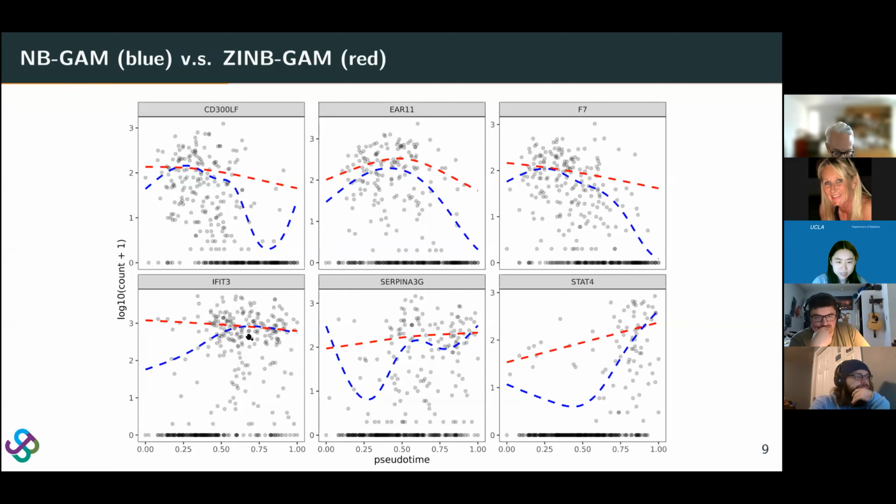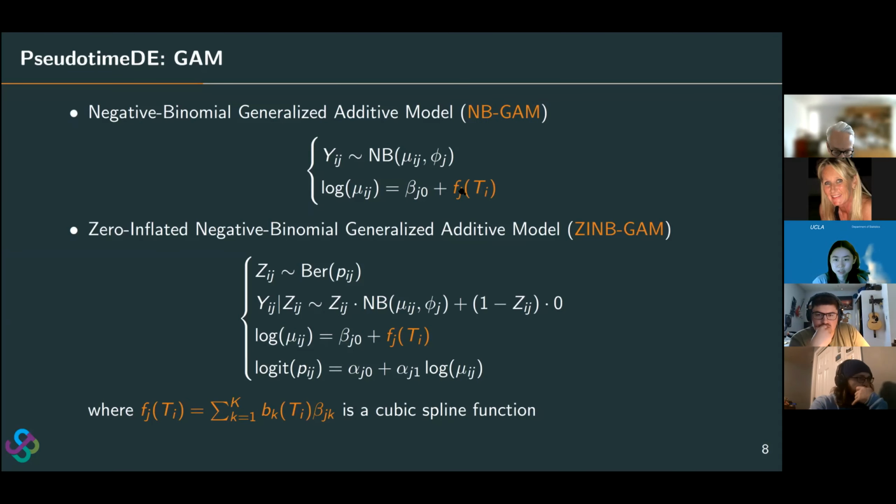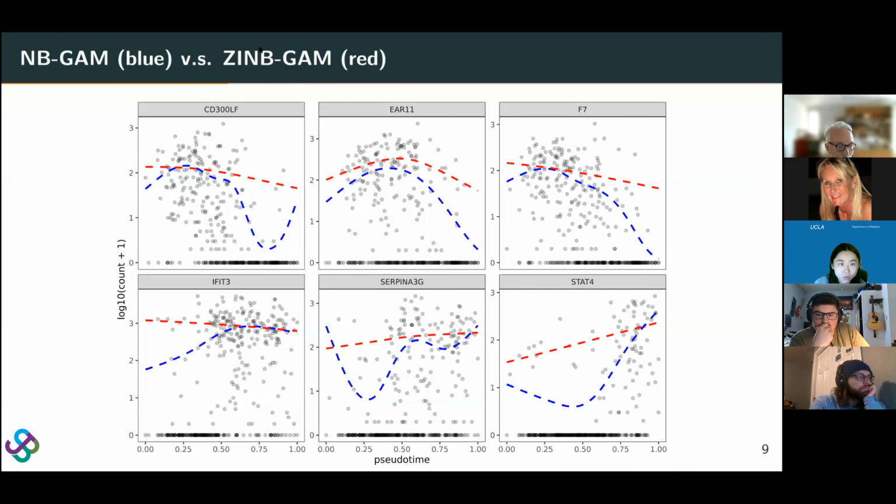This is the fitted regression line, showing the relationship beta J0 plus Fj of Ti. The red one is from the zero inflated negative binomial, while the blue one is just negative binomial. You can see the difference: using the negative binomial only, the line will be drawn down by the zeros, while with zero inflated negative binomial, the line is less affected by zeros.